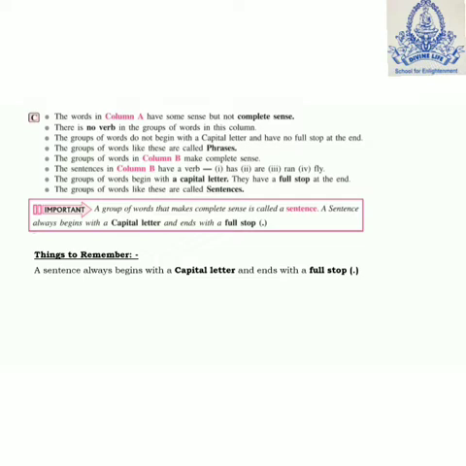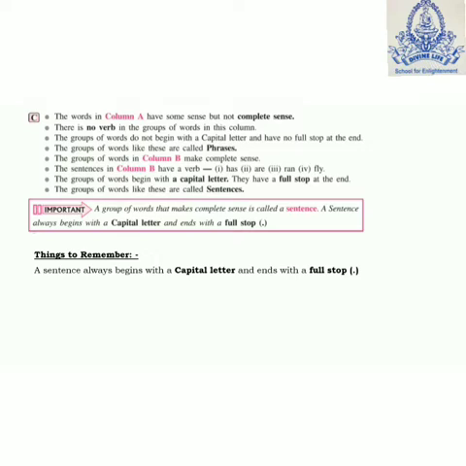Because there is no verb in the group of words in this column. The group of words in column A doesn't begin with a capital letter, and they don't have a full stop at the end. The group of words like these, which you have seen in column A, are called phrases.